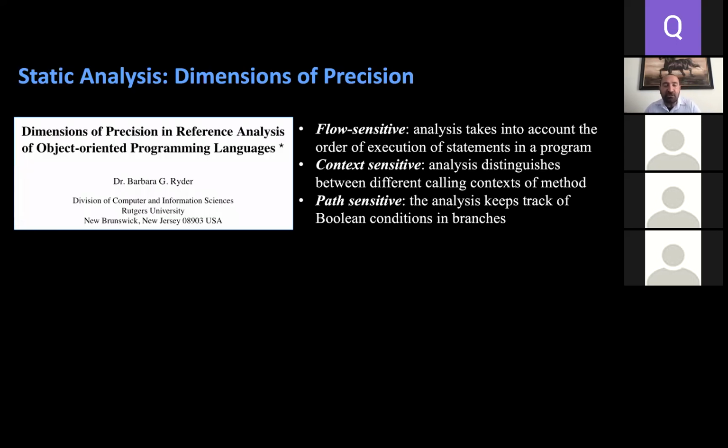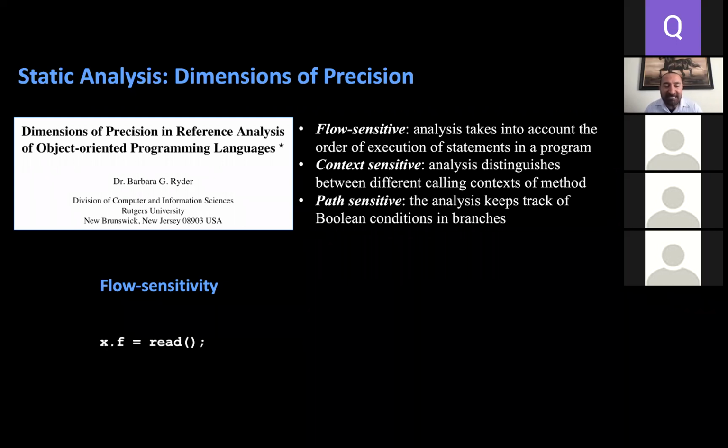The reason the false positives arise is because the analysis is often flow insensitive, context insensitive, and path insensitive. This terminology was introduced by Barbara Ryder in a keynote paper that she wrote a few years ago. Let me explain what flow sensitivity means, for example.